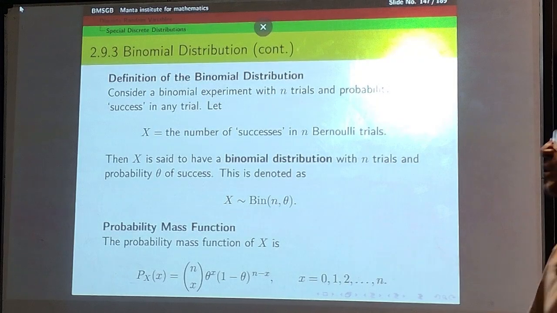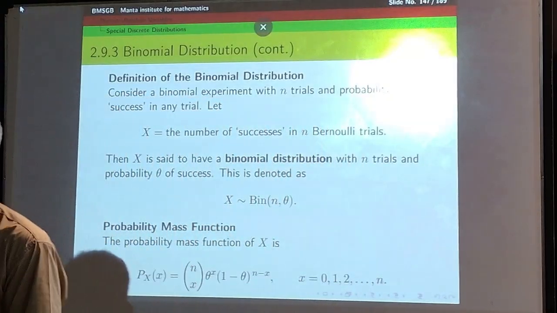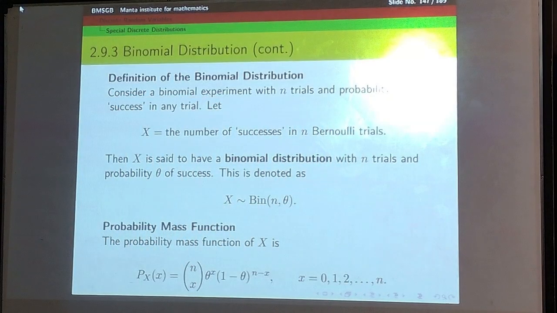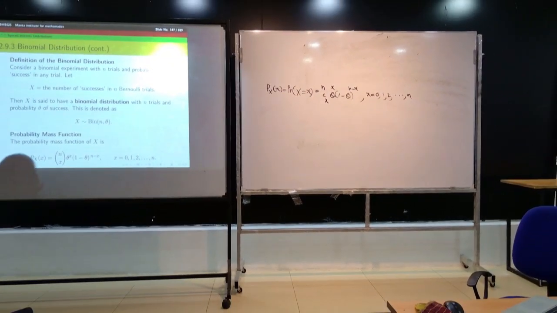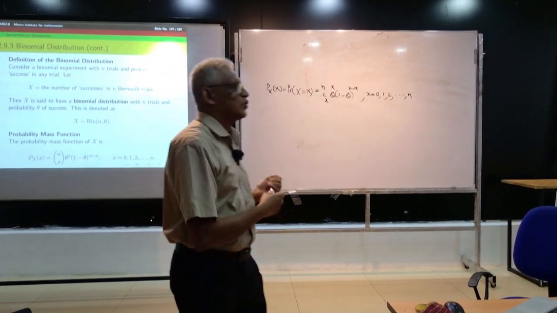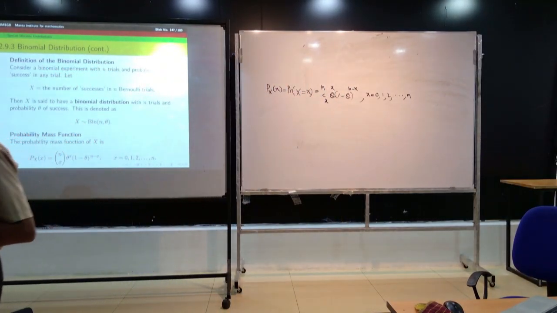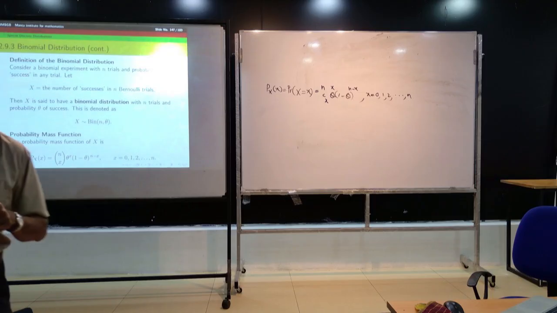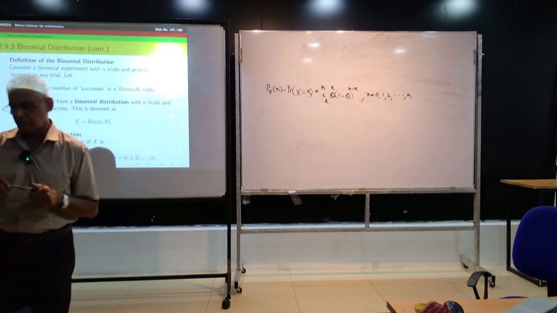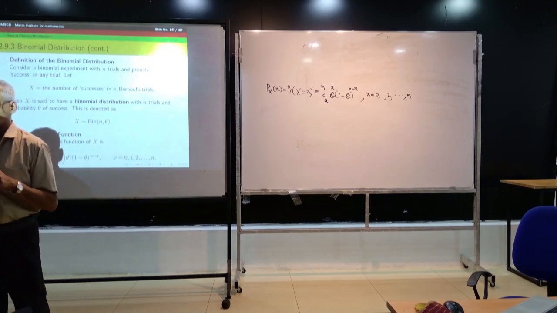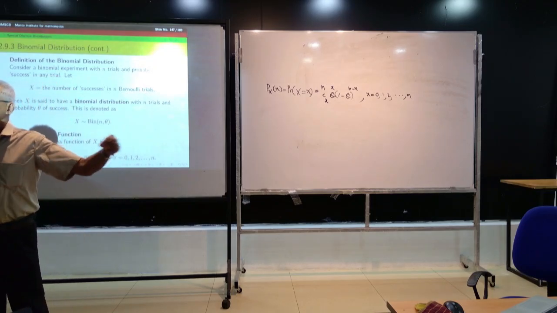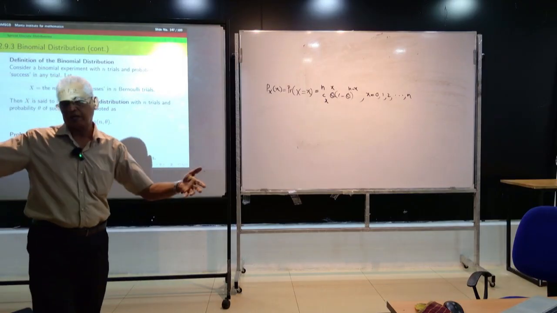You can use this as a model for a lot of situations. One very simple situation: suppose you are tossing a coin 10 times, and I ask, what is the probability of getting three heads? I'm asking for the probability that X equals 3, where X is the number of heads in 10 tosses.